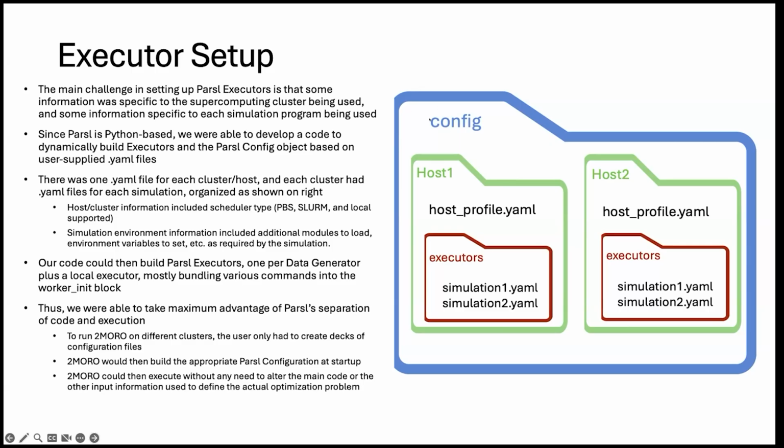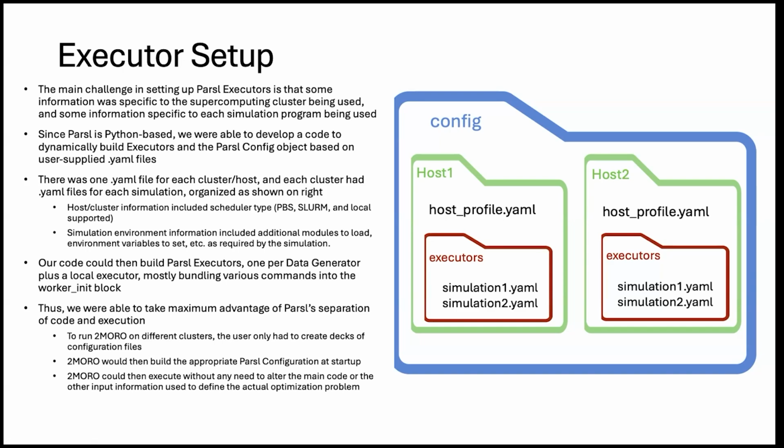There's some directories they called config. In it are some subdirectories, one for each cluster or host. Each one of these is going to contain a host profile YAML that contains all the stuff that's specific to the supercomputing cluster. And there's going to be a subdirectory called executors that's going to have all the stuff that's specific to each simulation program.